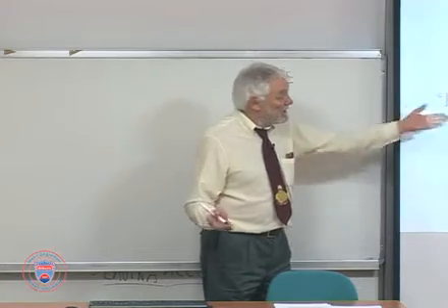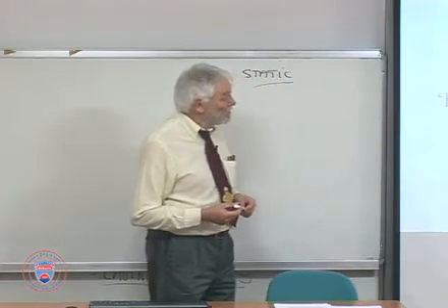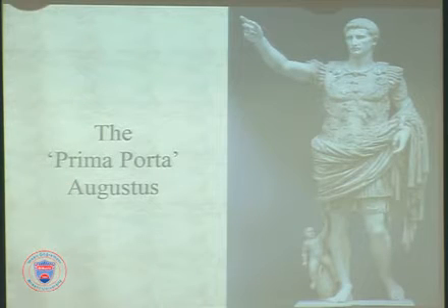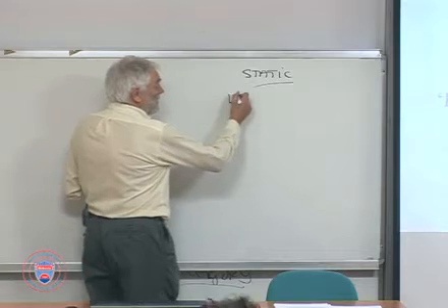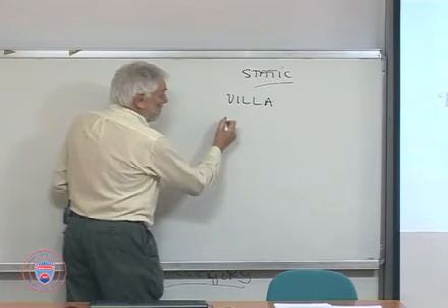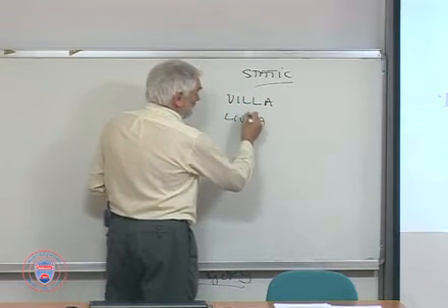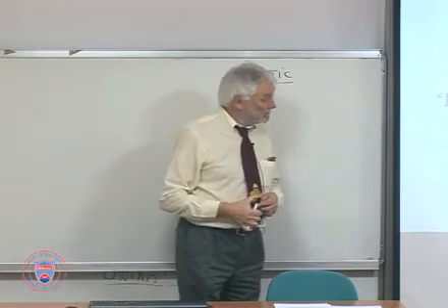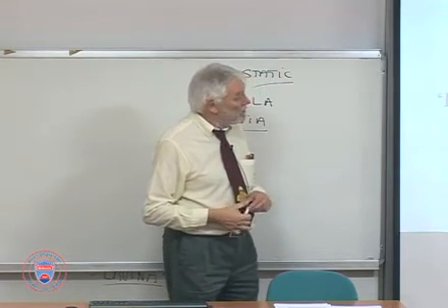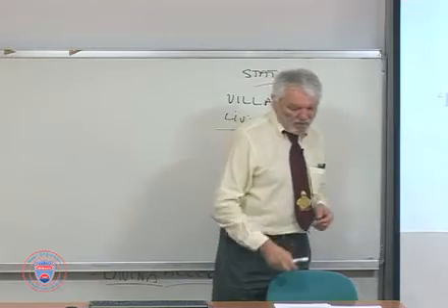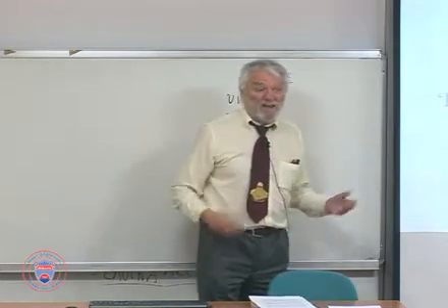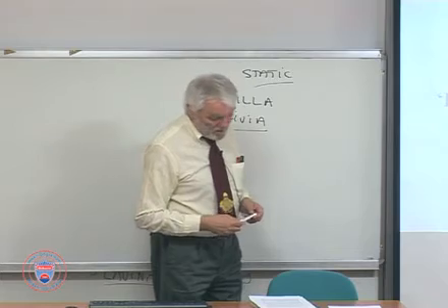We see this very clearly, for example, in this statue, the Prima Porta statue of Augustus. Prima Porta was the name of the villa where it was found. That villa belonged to Livia, Augustus's second wife. So we always refer to it as the Prima Porta statue. The villa is just to the north of Rome, nothing to see there now except for a railway station, quite honestly.